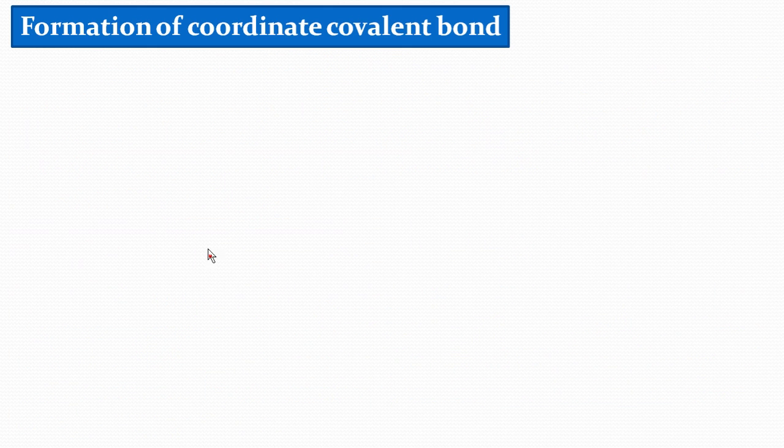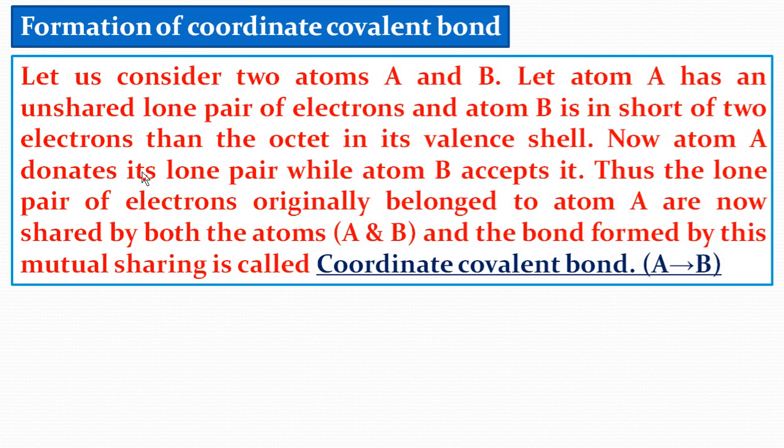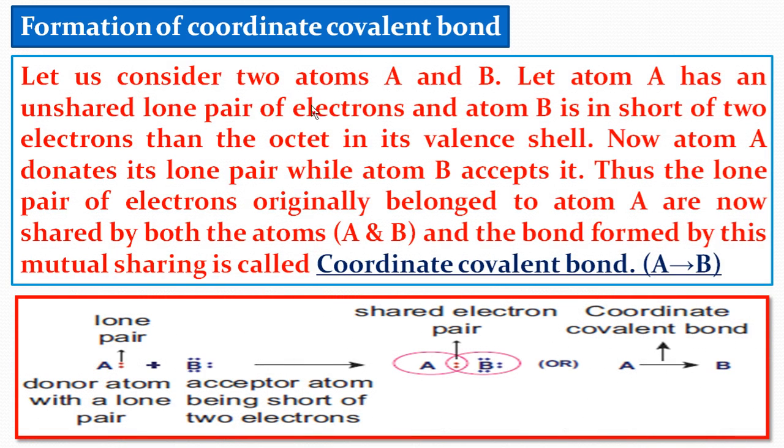Formation of coordinate covalent bond. Let us consider two atoms A and B. The atom A has a lone pair of electrons and the atom B has only 6 electrons in the outermost shell, so it needs 2 more electrons to complete the octet. Now atom A donates its lone pair to atom B, which accepts it.